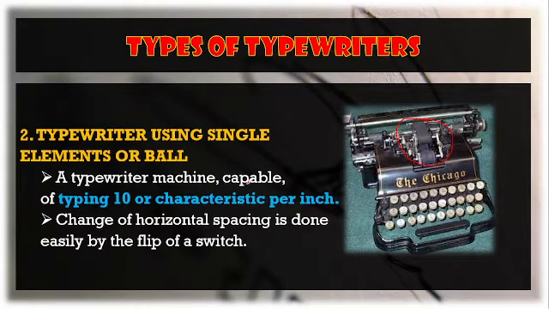Okay, a typewriter machine capable of typing 10 characters per inch also, and changing horizontal spacing is done by easily flipping a switch. So it is one of the older types of typewriters also. So this is the one that is different from the other typewriter that was presented a while ago.